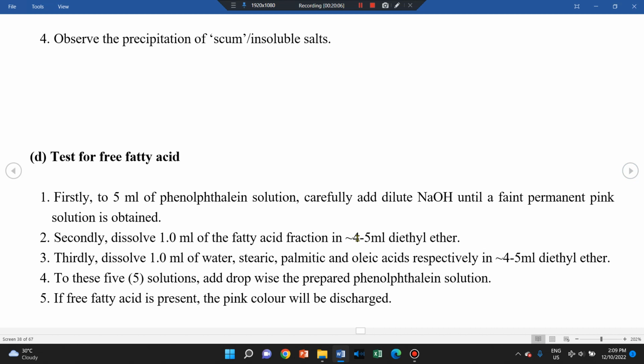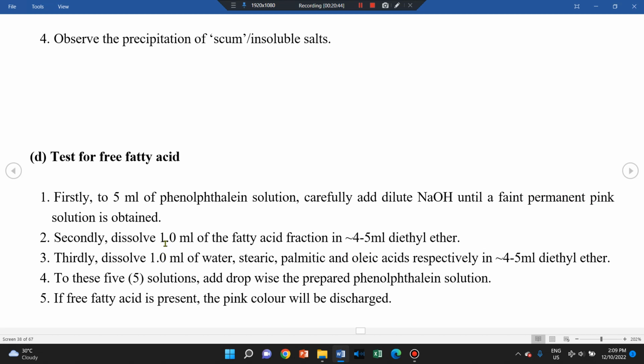So what you need to do, firstly, prepare the indicator, take 5 ml phenolphthalein solution, then make it a bit basic by adding NaOH, and the outcome will be a permanent but faint pink solution. If you add too much sodium hydroxide, you will see a very intense pink color. We will supervise you to make it a bit faint as required by the step.